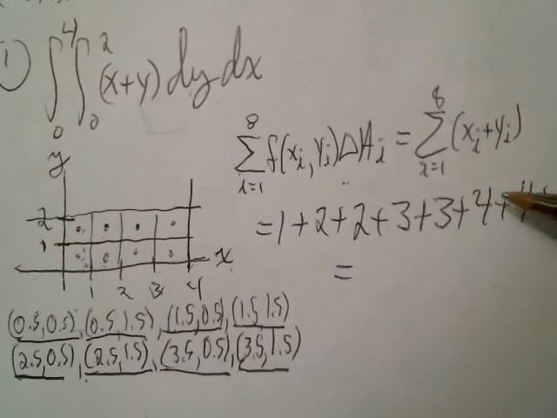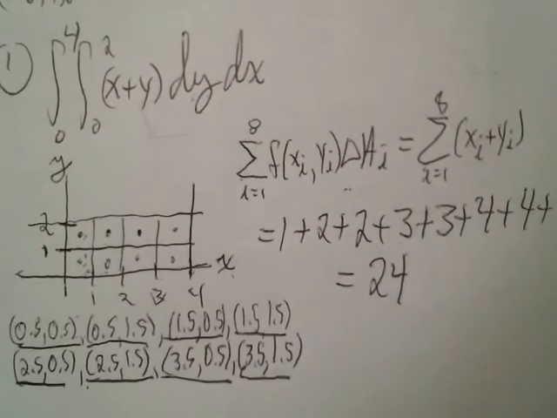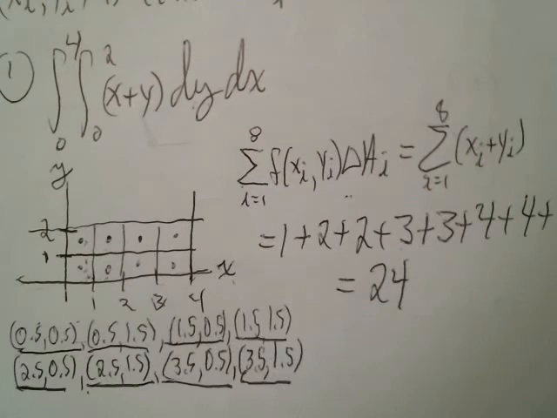That gives 4, 5, 10, 18, 19, 20, 21, 22, 23, 24, which is what we're hoping is the approximate value.